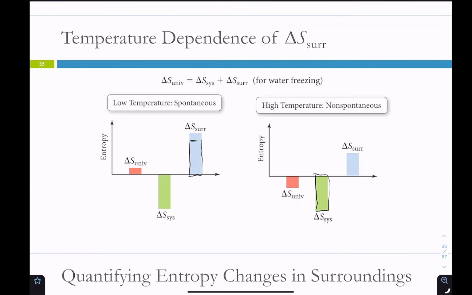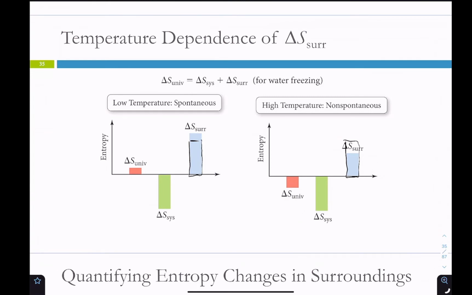That there's more entropy gained by the surroundings than is lost by the system. But in a hot environment, your net entropy would be negative. So you'd be decreasing the entropy of the water more than you'd be increasing the entropy of the surroundings.